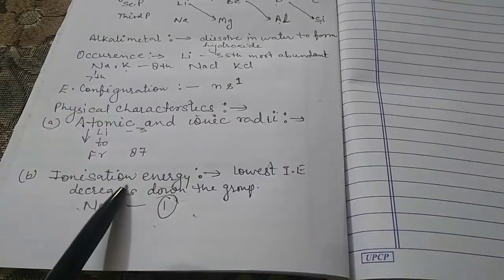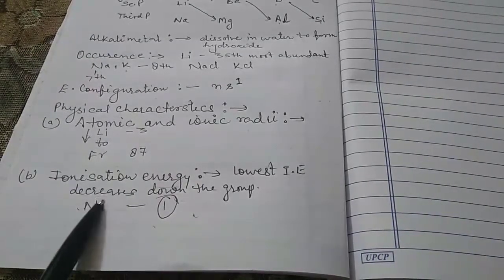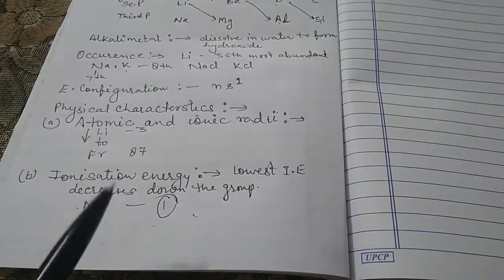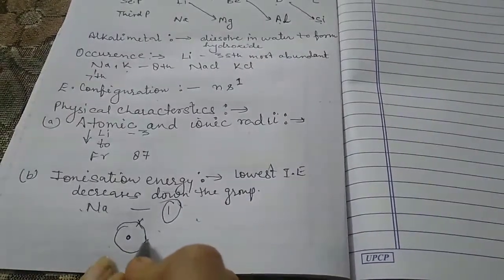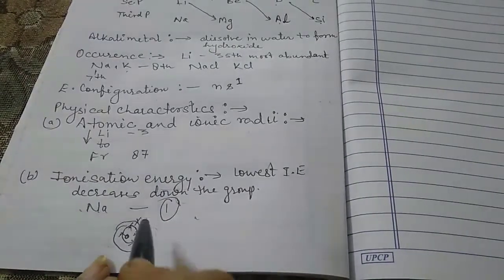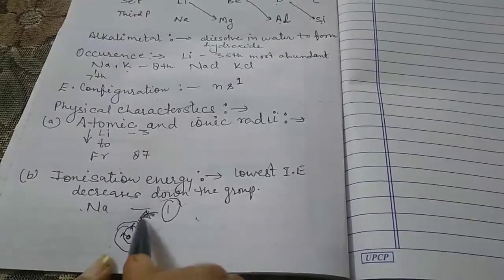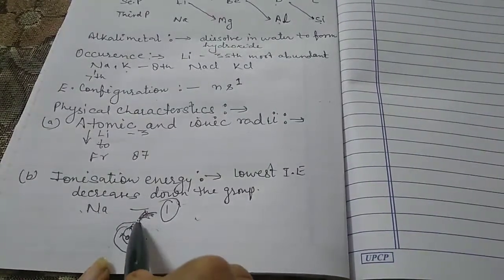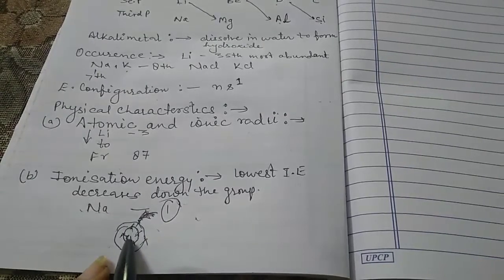Now, the successive ionization enthalpy, or the second ionization enthalpy, of alkali metals is very high. Why is it very high? For example, this is a nucleus and these are the electrons present around the nucleus. If we want to remove this electron, we have to supply a small amount of energy. When we remove this electron, we have lost one electron, but the nuclear force of attraction is the same.